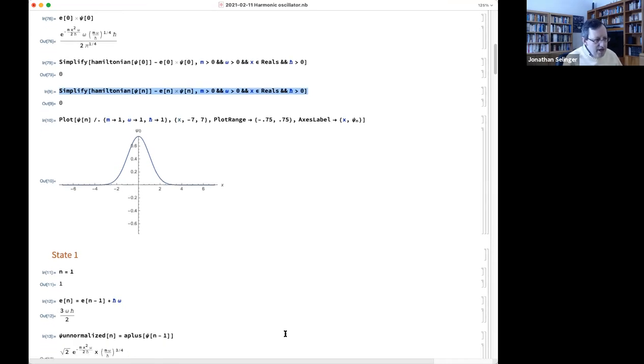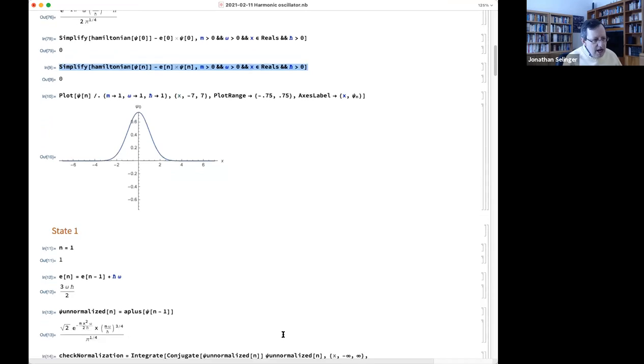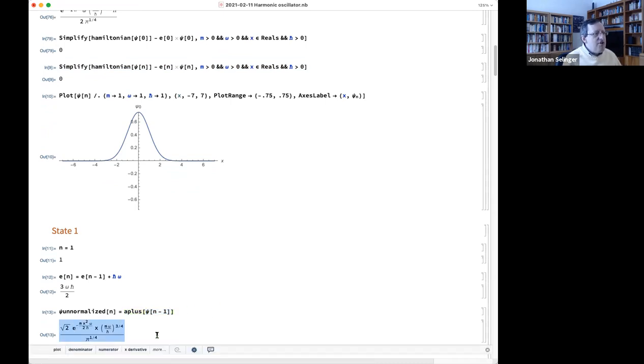And the corresponding wave function, not yet normalized, is just a plus acting on the wave function that I found before, acting on psi 0. So here it is. And you can see that it is the same exponential factor times x times various constants.